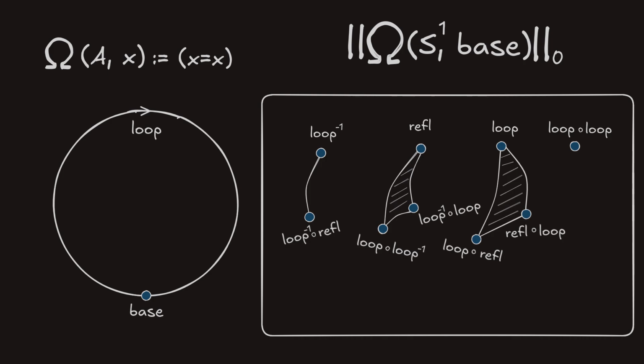In topology, this is called taking the fundamental group of a space. In our case, we are taking the fundamental group of a circle. But how do we know this is a group? Well, let's take another look at our definitions.